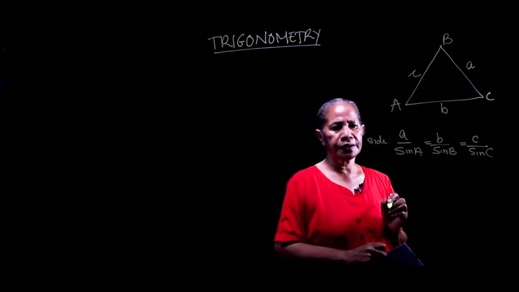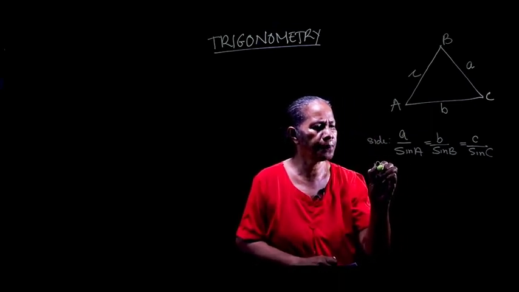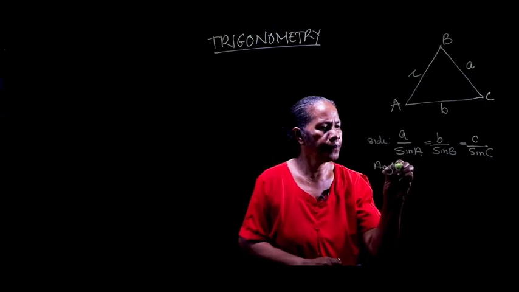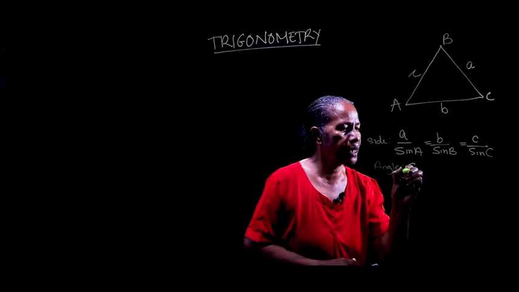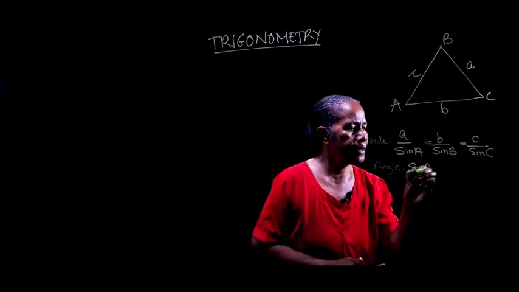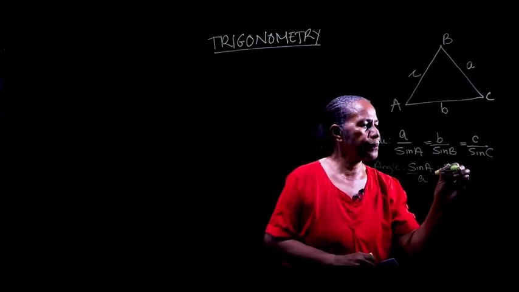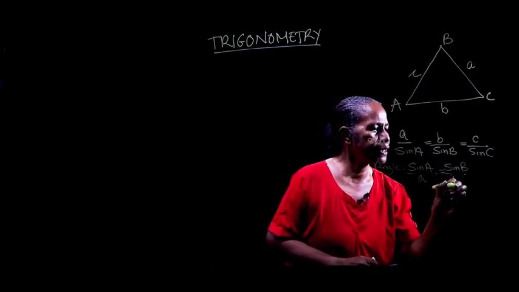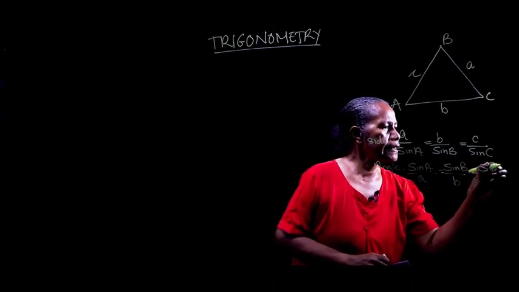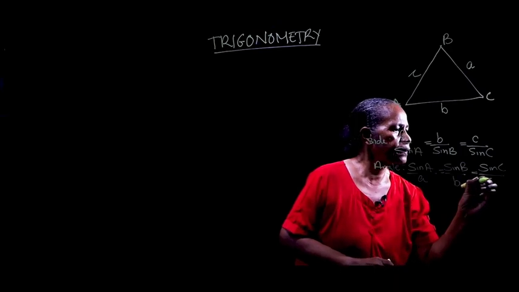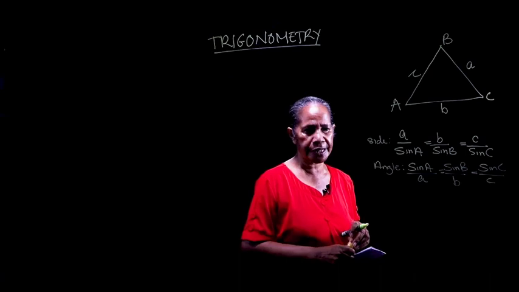The next one is to find the missing angle. To find the missing angle, we put the angle first. So we will have sine A over side a is equal to sine B over side b is equal to sine C over side c. So these are the two ratios that we are going to be using.